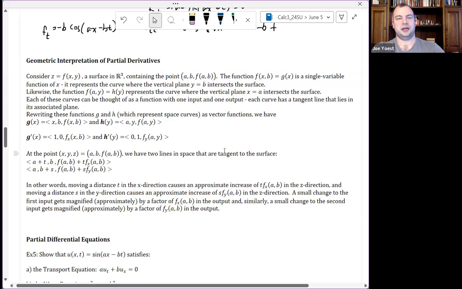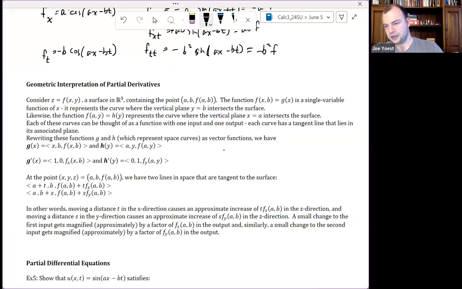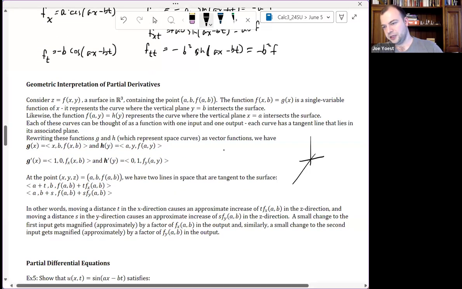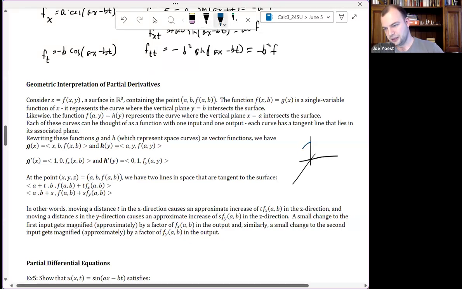We drew a depiction of this last time, where we had a surface. I'll draw it somewhat quickly here. It won't be super pretty, but you get the idea.